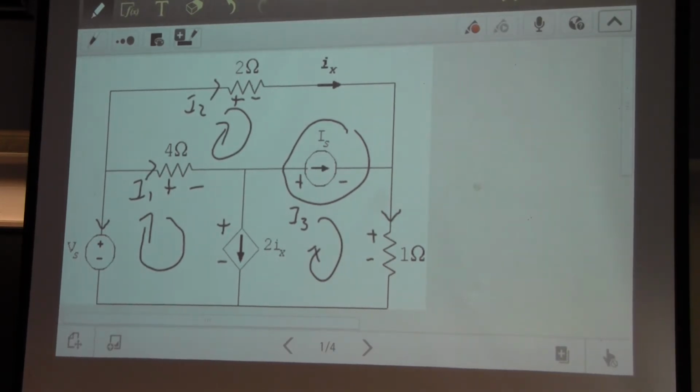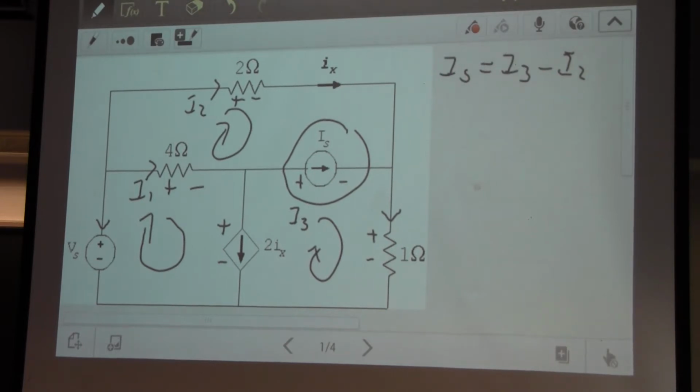One of them is I2, which comes this way, against my source, whereas I3 comes in the same direction. So one goes against my source and one goes with it. Then IS, my current source, is equal to I3, which is in the same direction, minus I2. It's a very simple equation that only involves 2 of the currents. That's as easy as it can get.